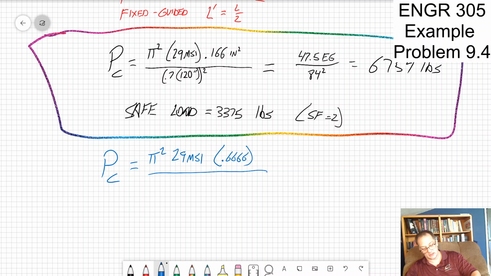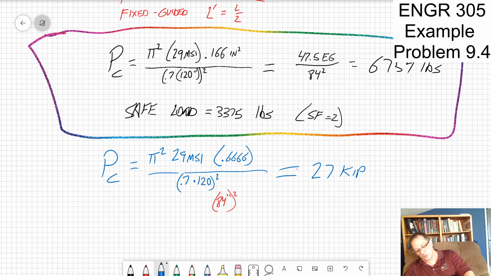But this was in the long direction, so then they used 0.7 times the 120, squared. That's equal to 84 inches squared. And that gave them a result of 27 kips. That's P critical. P allowable, with a safety factor, was then 13.5 kips.